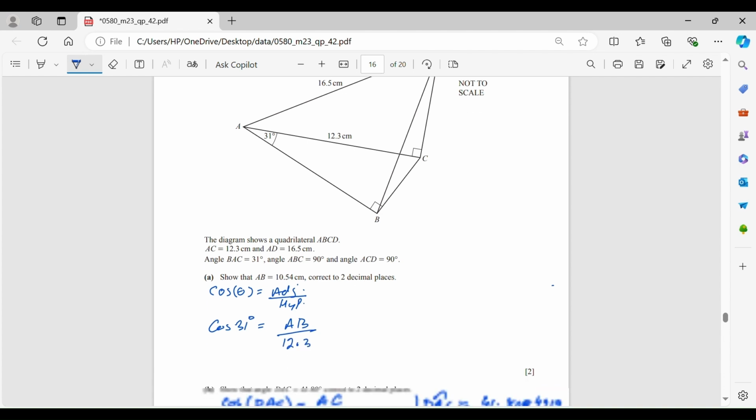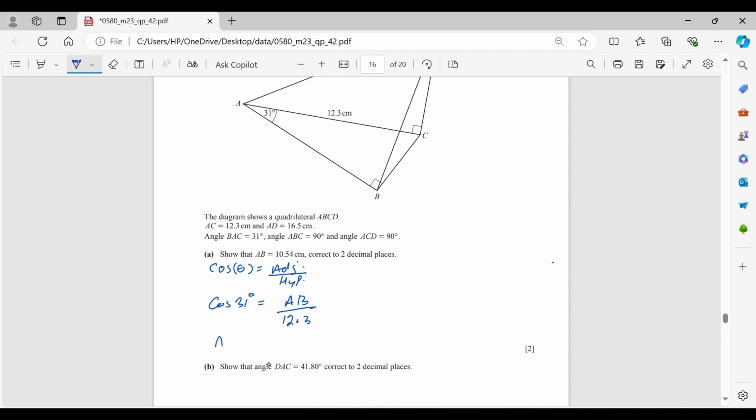So AB will be equal to 12.3 into cos 31 degree, right? So we will use the calculator for this. Now AB will be approximately equal to 10.543158, right? So for 2 dp it is equal to 10.54, right? So AB will be equal to 10.54, right? Next, B part.